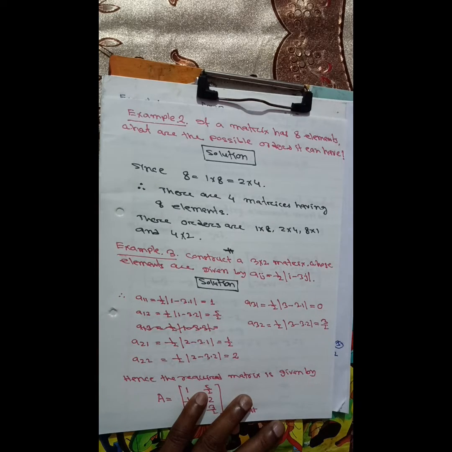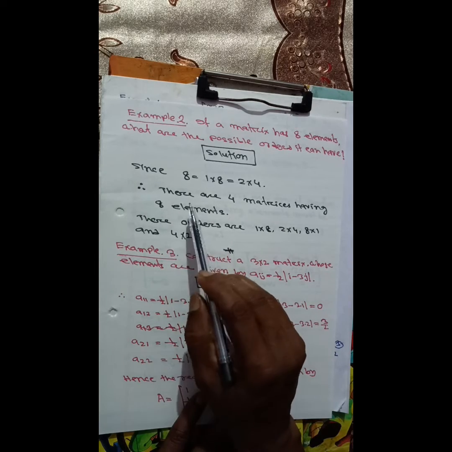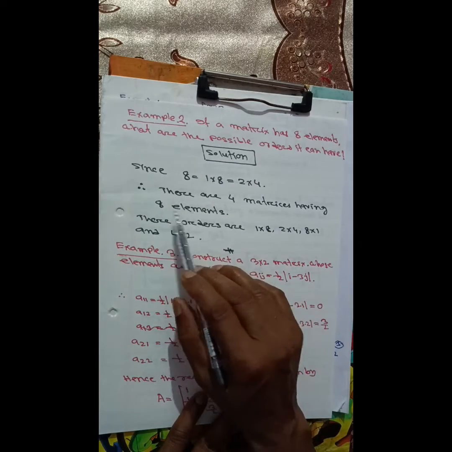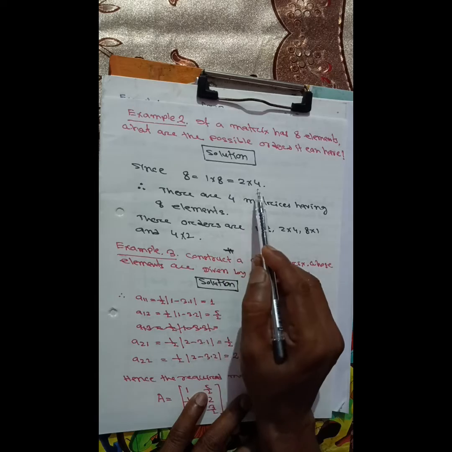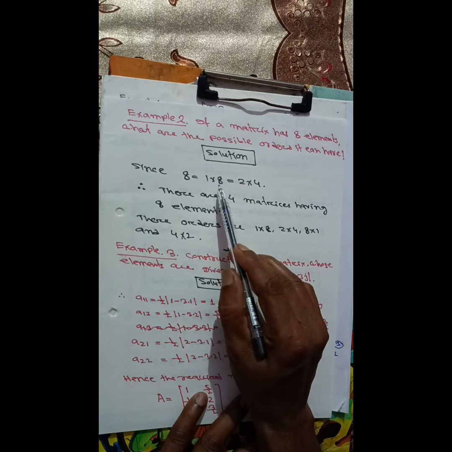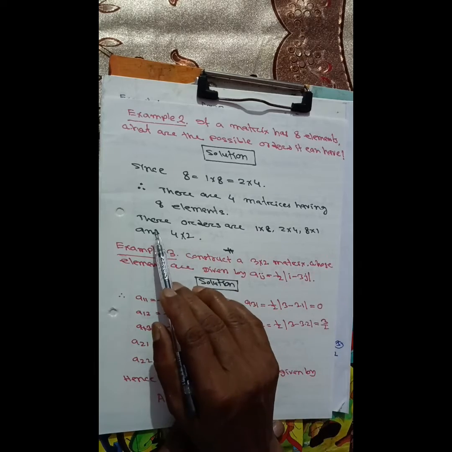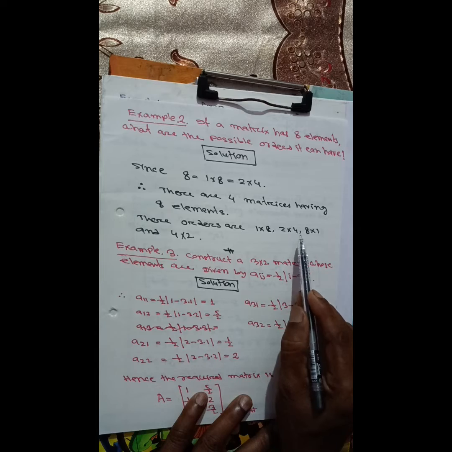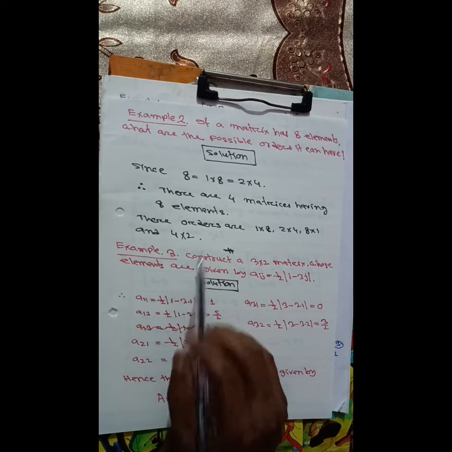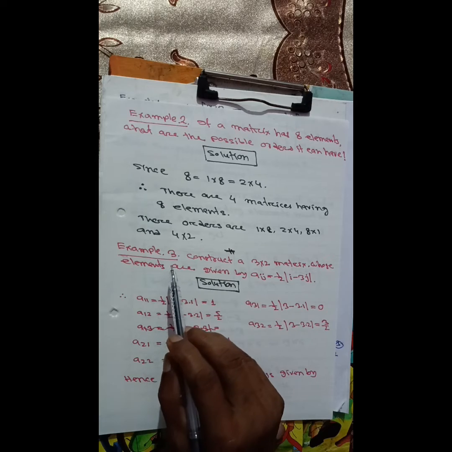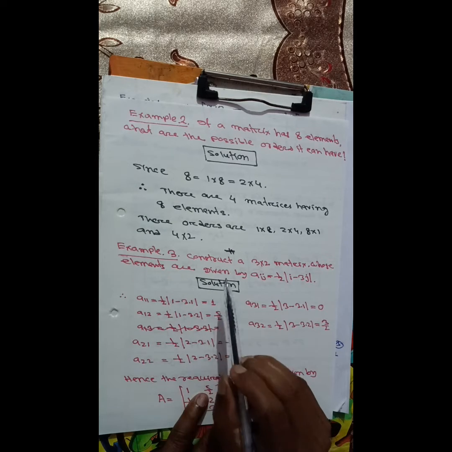Both are equal to 8. Therefore, there are 4 matrices having 8 elements. If we reverse this order, that means 4 into 2 and 8 into 1. Their orders are 1 into 8, 2 into 4, 8 into 1 and 4 into 2. Okay, now we are going to discuss problem number 3.